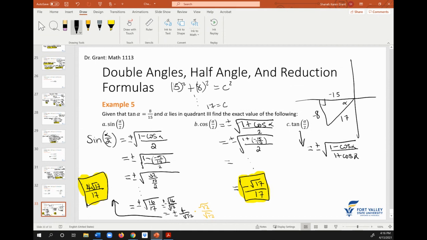And of course, you're just plugging in and simplifying. So you'll have plus or minus 1 minus negative 15 divided by 17, divided by 1 plus negative 15 divided by 17.